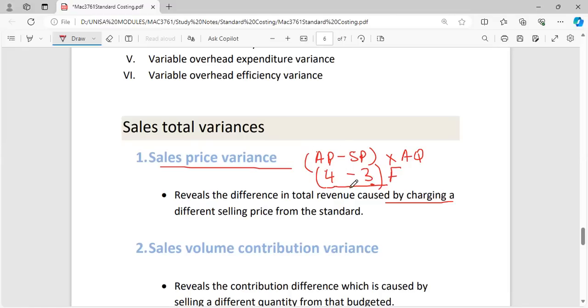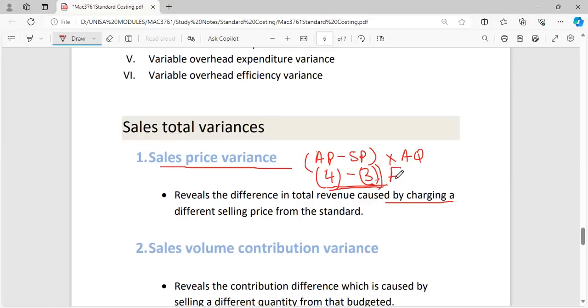But if it is a cost variance, it becomes unfavorable. So always look at those two: am I dealing with a sales variance or a cost variance? That's how you determine favorable and unfavorable. It's just like when you get your salary, you were expecting 300, but at the end of the month they make an increase and you get 400.